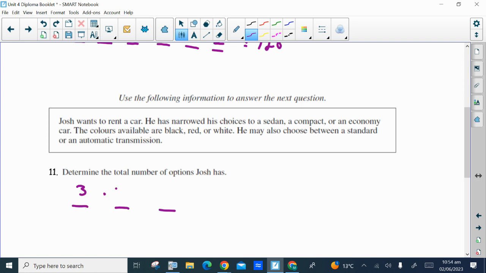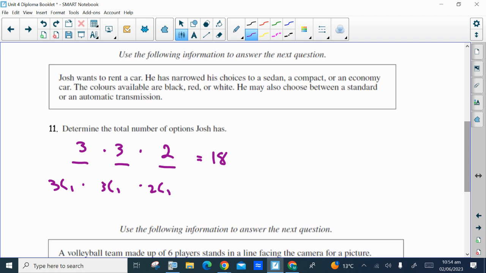The color, also 3 choices, and the transmission, where there's only 2 choices. Fundamental counting principle. You could do this using combinations if you wanted. It would be 3C1 times 3C1 times 2C1. Order doesn't matter. That's why combinations would be used. 3C1 is 3 and 2C1 is 2, so you'll get the same answer.